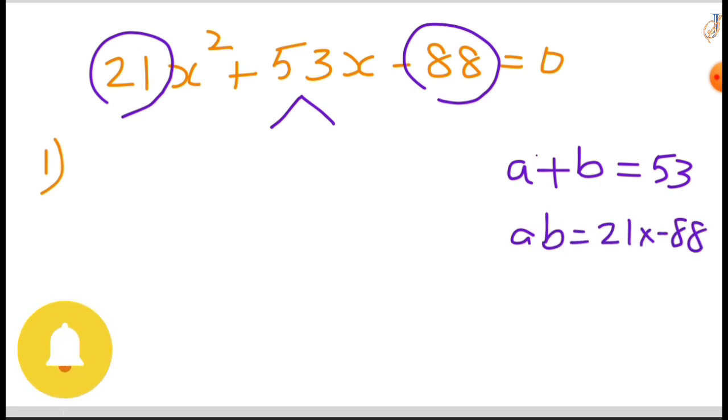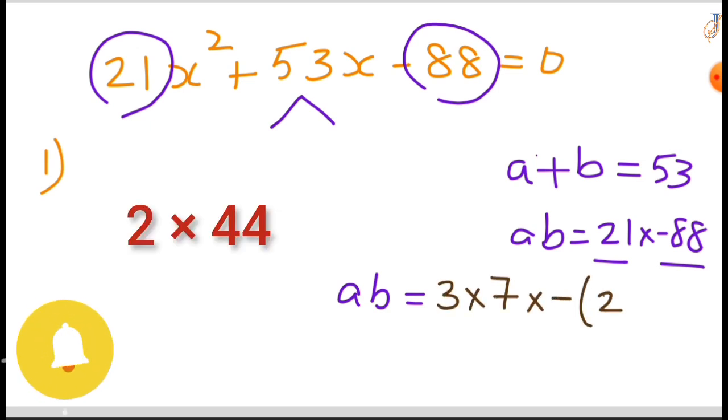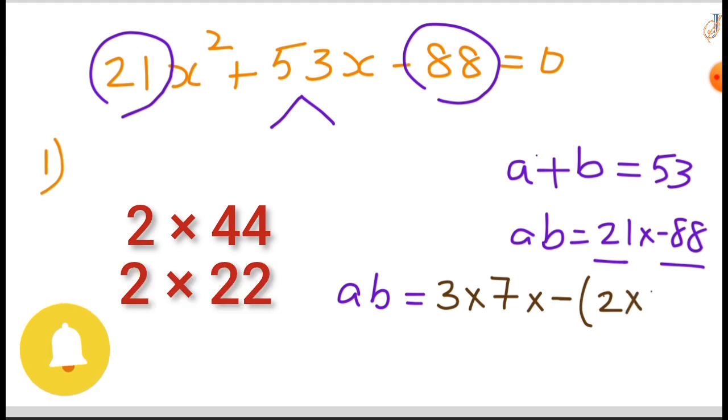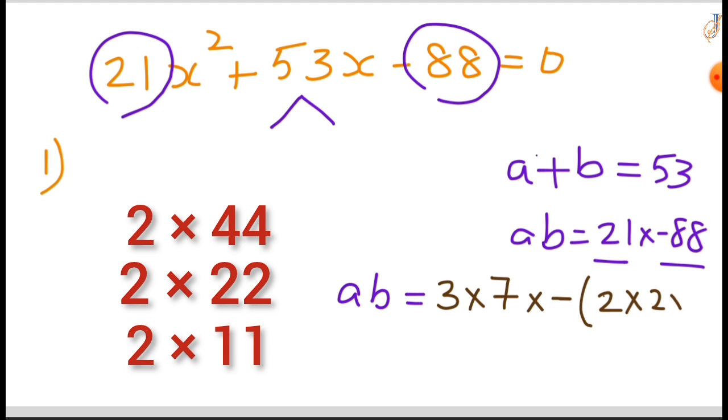So here we have very large numbers. How can you find them? First find the prime factors of 21. The prime factors of 21 are 3 times 7. For 88, 2 times 44 is 88, then 2 times 22 is 44, and again we have 2 times 11.